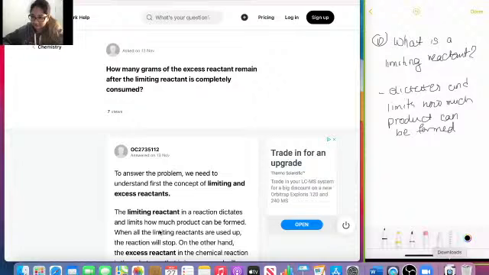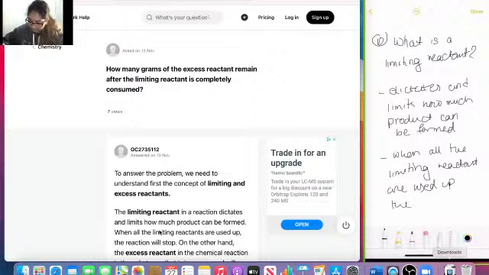The limiting reactant dictates how much product you can make, and it limits that number. So when all the limiting reactant is used up, the reaction will stop.